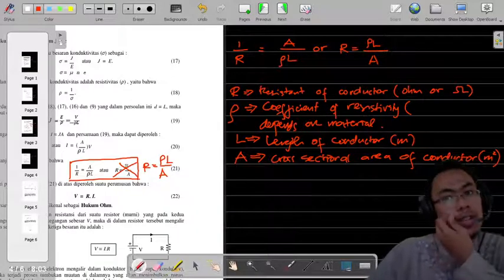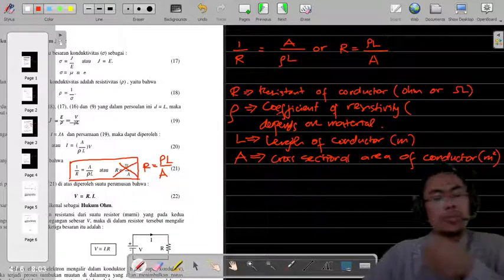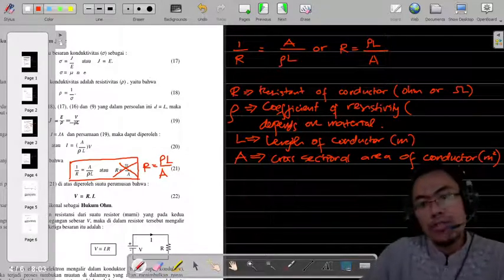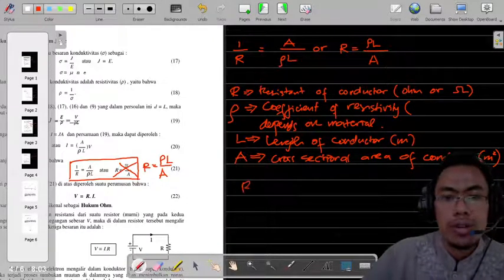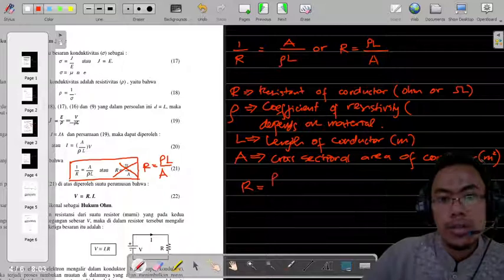Okay, now what is the unit of coefficient of resistivity? Okay, so we are going to find from this one. So R equals rho L divided by A. So the unit of R is omega.